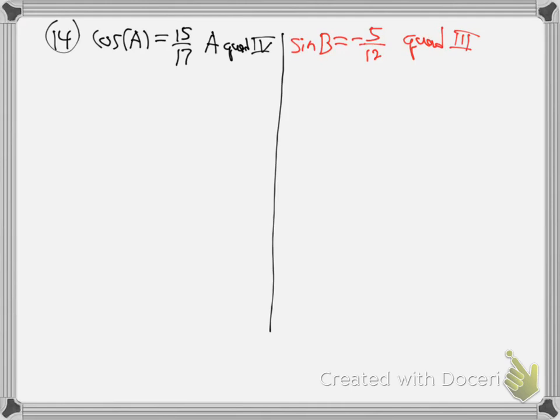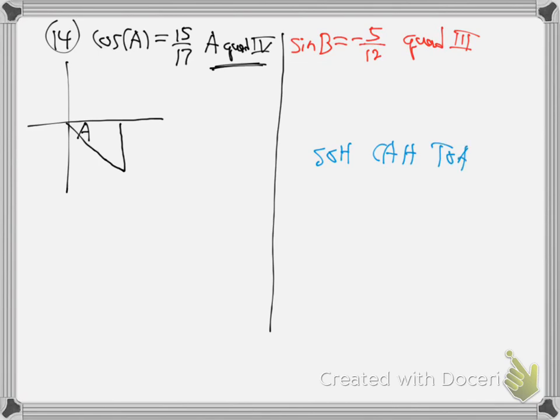So I start here and I go, okay, quadrant 4. So quadrant 4 is here. I'm looking at A in quadrant 4, so I'm going to put angle A there. And remember your SOHCAHTOA. Right?